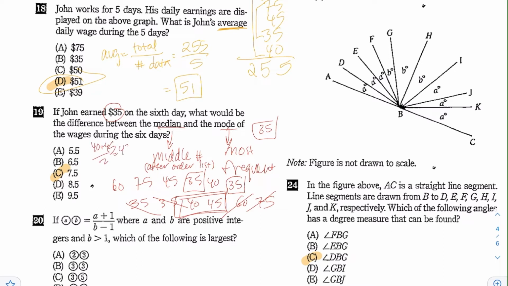And that's 42.5. So 42.5 minus 35, and you get 7.5, which is choice C.